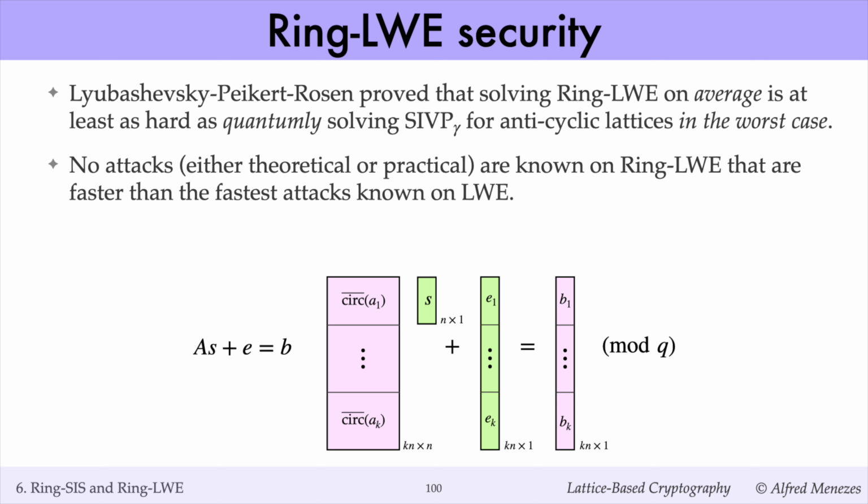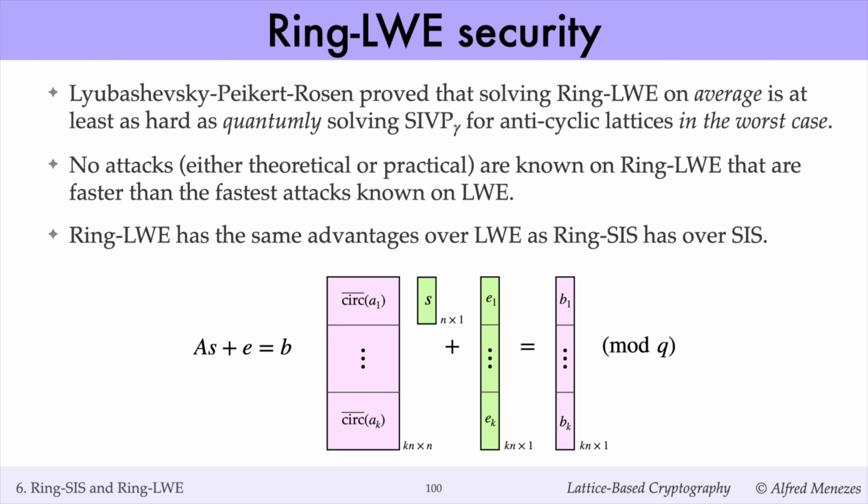Even though the matrix A in Ring-LWE is structured, no algorithm, either classical or quantum, is known for solving Ring-LWE that is any faster than the best algorithms known for solving LWE. Ring-LWE has the same advantages over LWE as Ring-SIS has over SIS. Namely, the matrix A requires less storage, and multiplying the matrix A by a vector R modulo Q can be sped up by using the number theoretic transform.